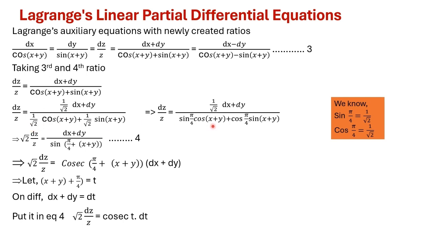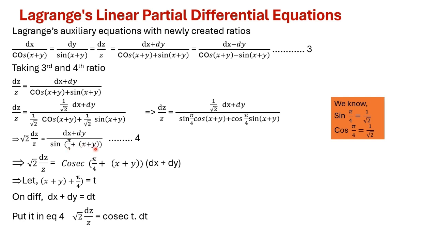So now when we put this, it is in the form of sin(a+b). So we'll write it here, sin(pi by 4 + x + y).